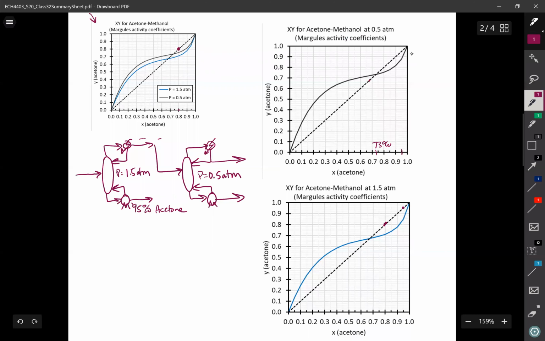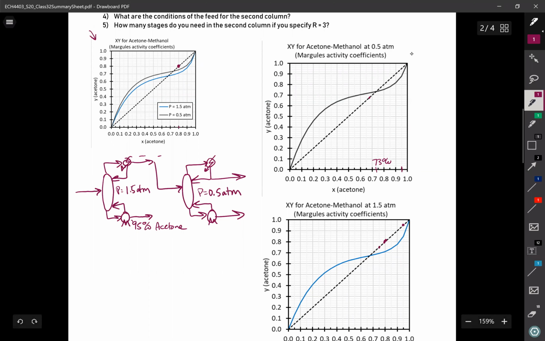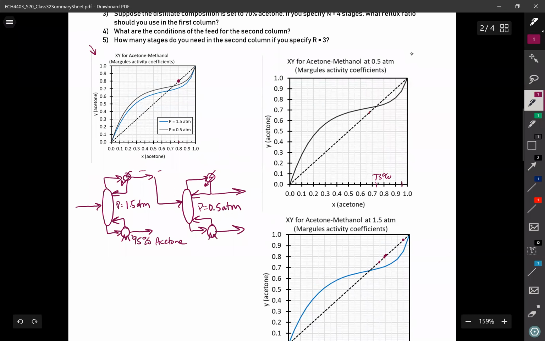In other words, if I choose a distillate composition that is 75% pure acetone, and then I go up in the second pressure and I put 75% pure acetone, well, now I'm still on the same side of the azeotrope.